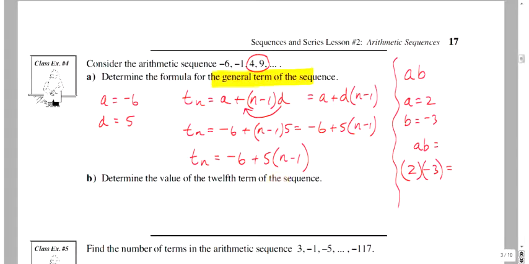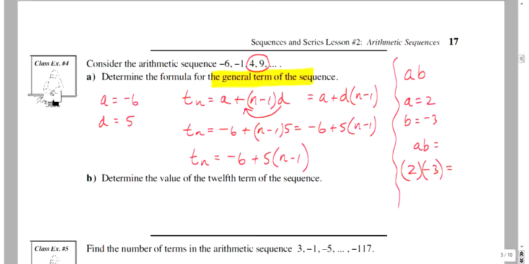What do we want this thing for? I only have two variables left. If I give you the number of the terms, we can find out the value of that term by plugging it in here. Like if n was 20, I would know the value of the 20th term. You just work this out. 20 minus 1, 19 times 5, minus 6.